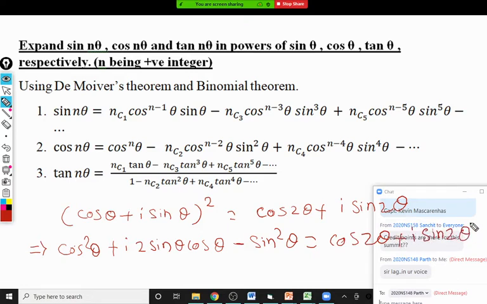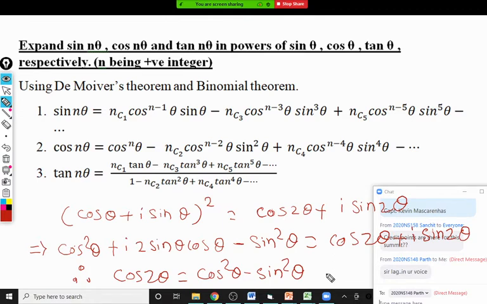Now equating real and imaginary parts, the last step, we have cos 2θ, which is the real part of the RHS. What is the real part on the left hand side? It is cos²θ − sin²θ.